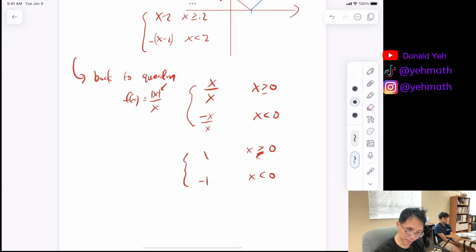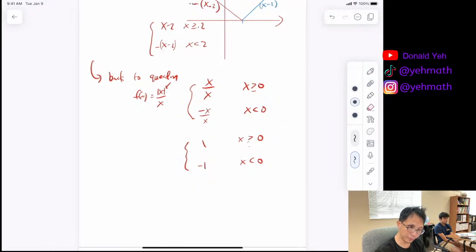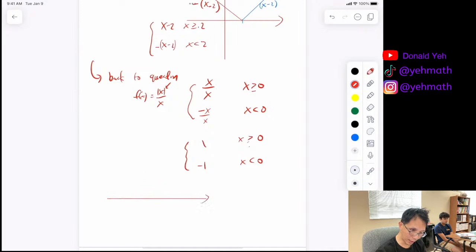Does that make sense? So therefore the function looks like this: on this side it gives you a positive 1 going this way, and this one goes this way. Is that okay?